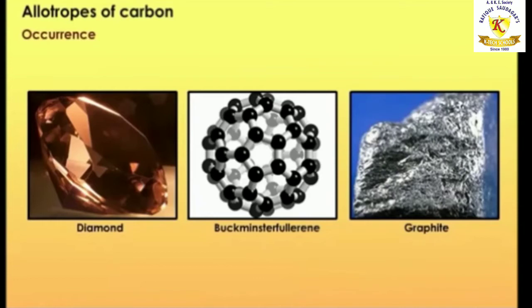Let's see the occurrence now. Elements can either be in structural crystalline form or may occur in a structureless amorphous form. Some elements like carbon, sulfur, tin, oxygen, etc. are found in more than one structural form.